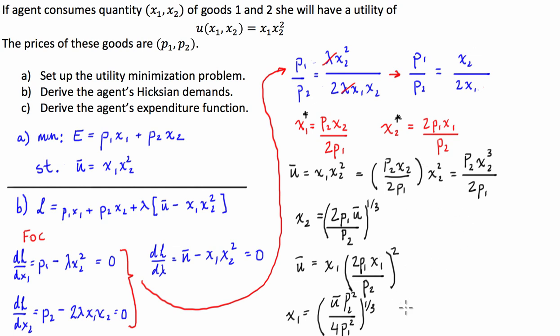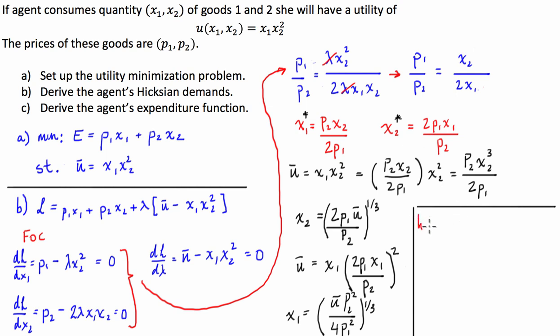Cool. So our Hicksian demand, guys, if we just isolate these, is our Hicksian demand for x1. So let's just write that.